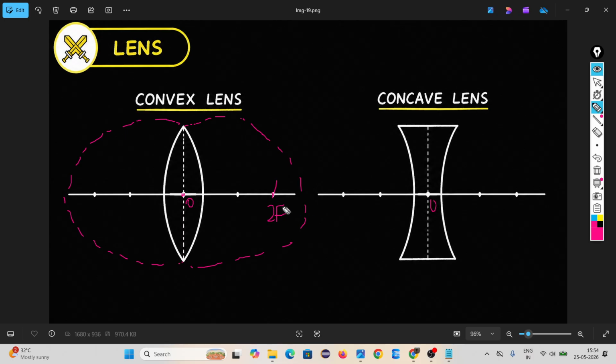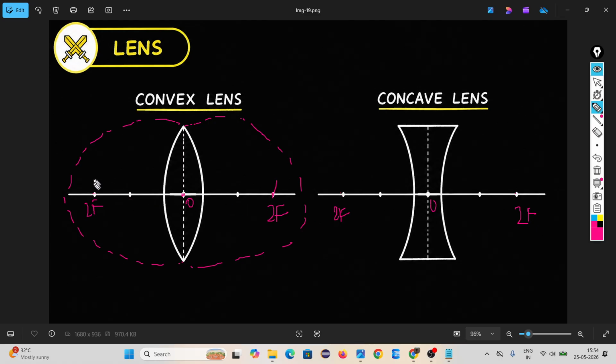And this side 2F, 2F. The center of the lens is called the optical center, and the centers of the two spheres are called 2F, 2F.